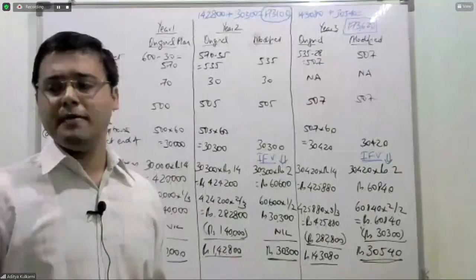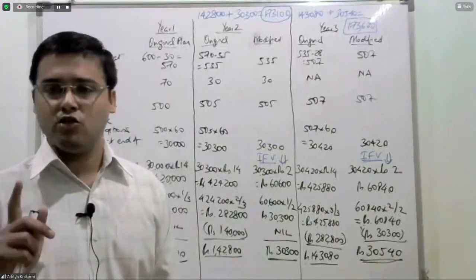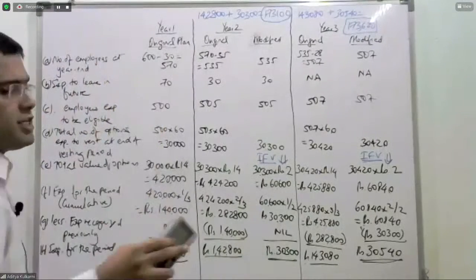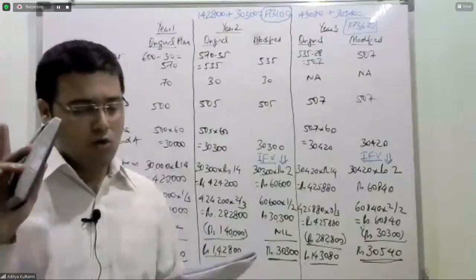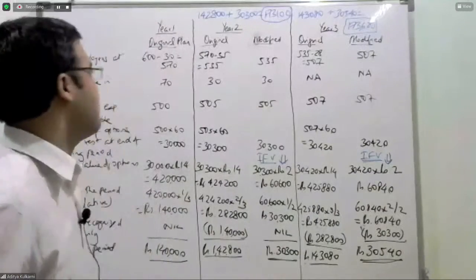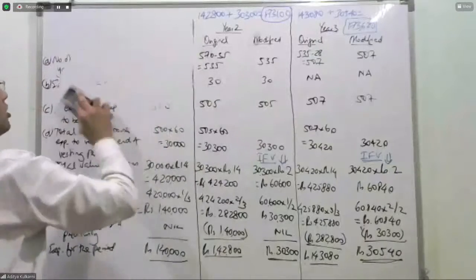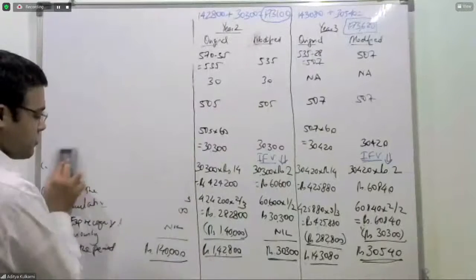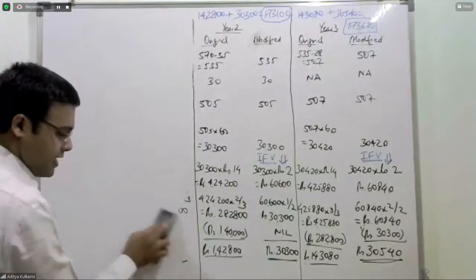Now, you will be preparing the accounts. I am pressed for time, but you know how to prepare the accounts. Only one thing you have to remember, my friends: you remember we used to calculate the securities premium.